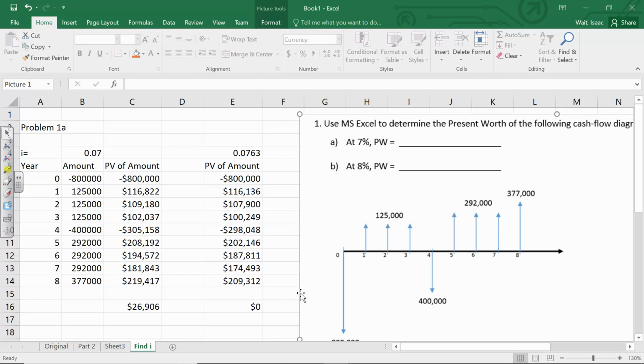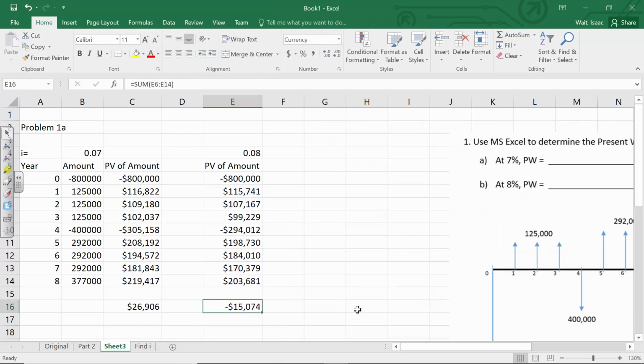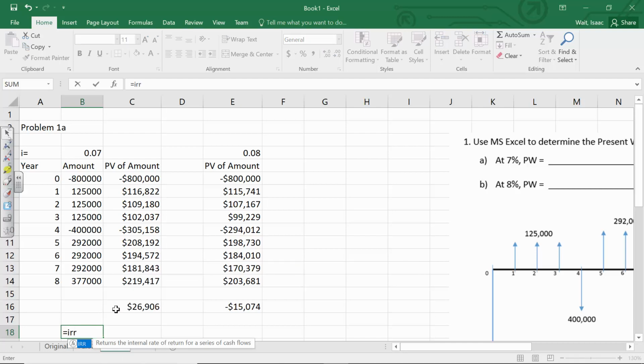Okay. Anybody have success using the IRR function? Good, good. Let me show you, in case that's not something that was immediately obvious. The way that you use it is just equals IRR, and then you just put in the values. Now, unlike NPV, remember the secret to success with NPV is only put in the amounts that are in the future.